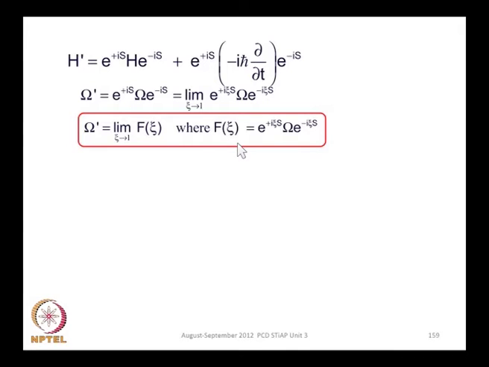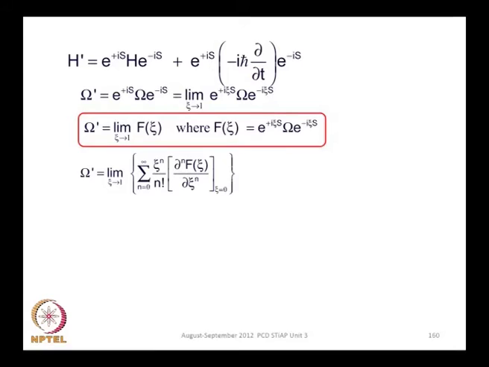This function is this operator, we know what it is, and you can expand this function of xi in a power series. Okay, this is the well known power series expansion of an arbitrary function of xi.